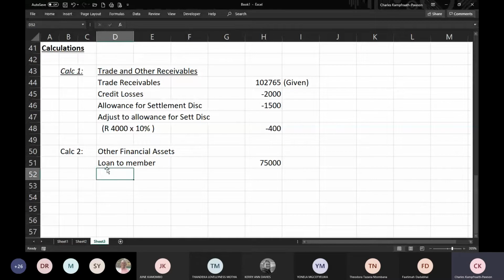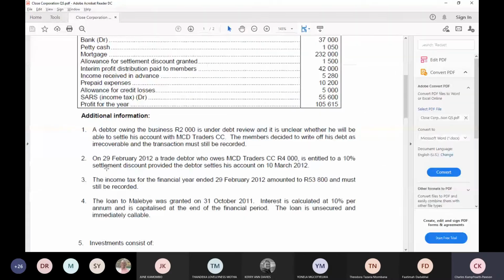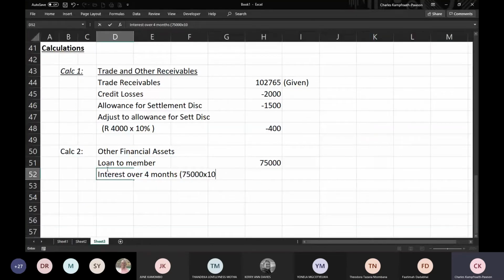So interest over 4 months will be 75 times 10% times 4 over 12. Everybody happy?